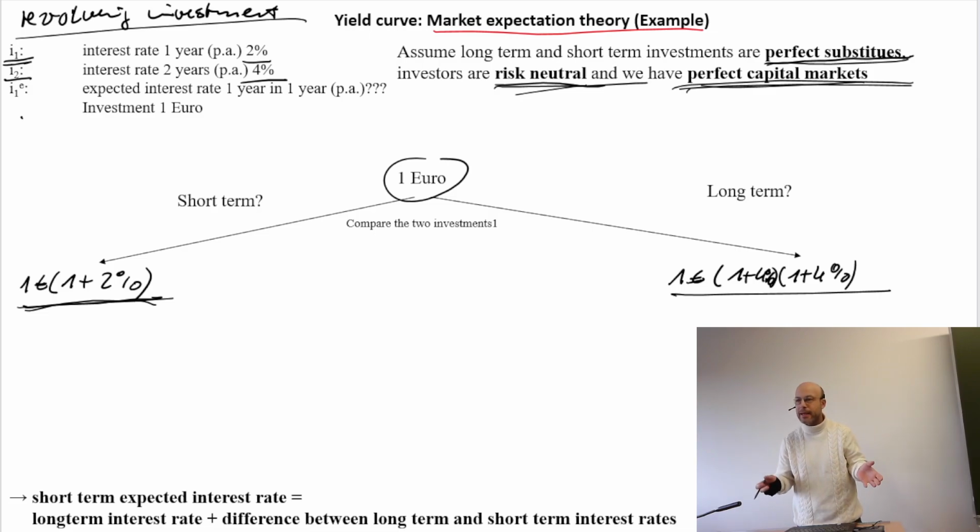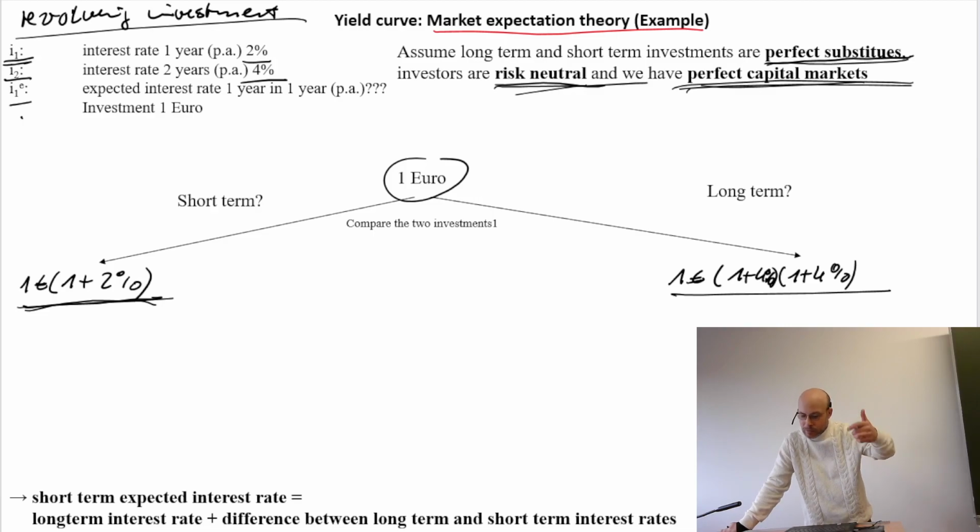And now we can say, I don't know the interest rate tomorrow, but I know that I can tomorrow invest also for 1 year. This I define as I1E, the expected short-term interest rate in the future.